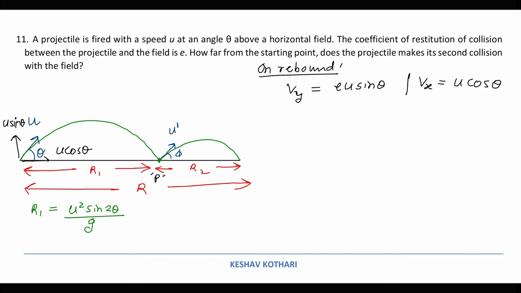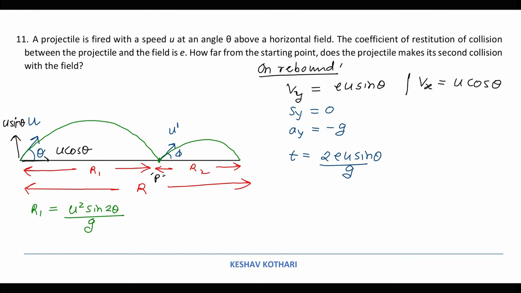So if we solve for the y-axis part for the second part of the projectile, displacement along the y-axis is going to be 0, acceleration along the y-axis is minus g, and from here we obtain the time of flight, which will be changed to 2 e u sine theta by g.